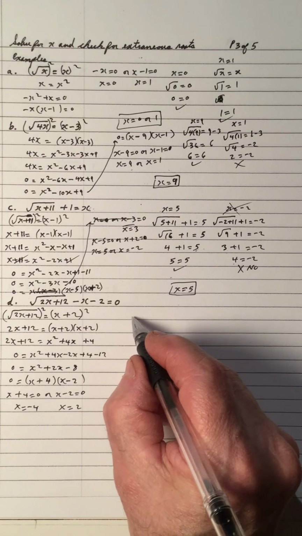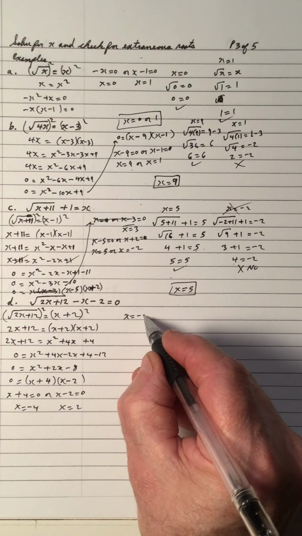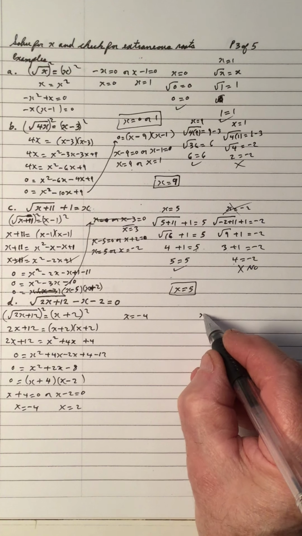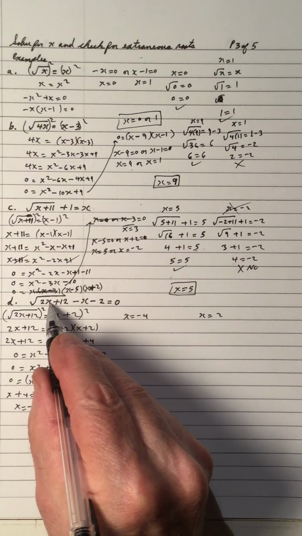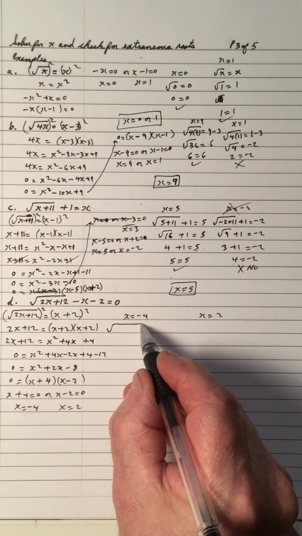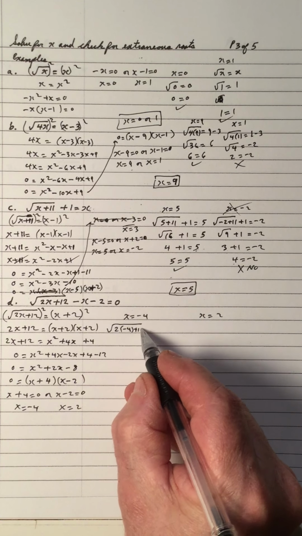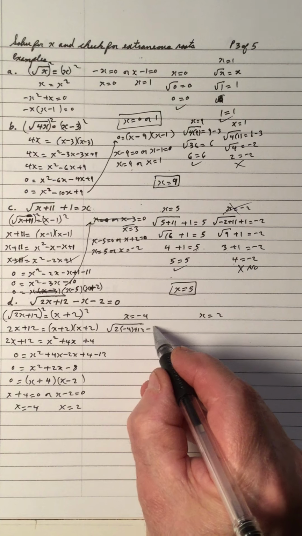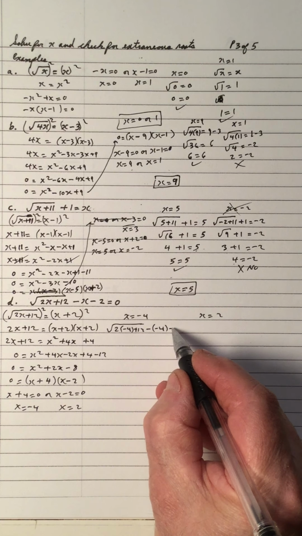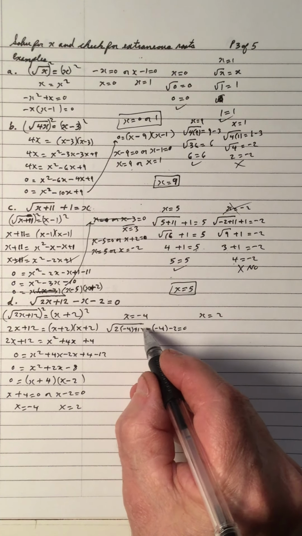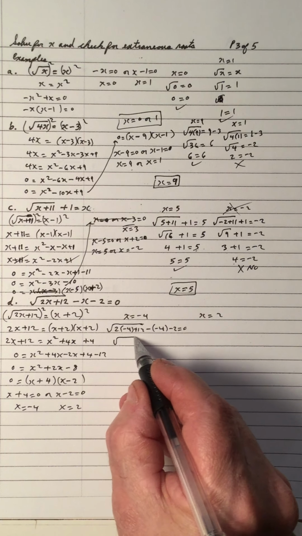And again, we have to check x equals negative 4, and we check x equals 2. Here's the equation. So we got x is negative 4. Sub it in. And we get negative 4, and work out the inside.